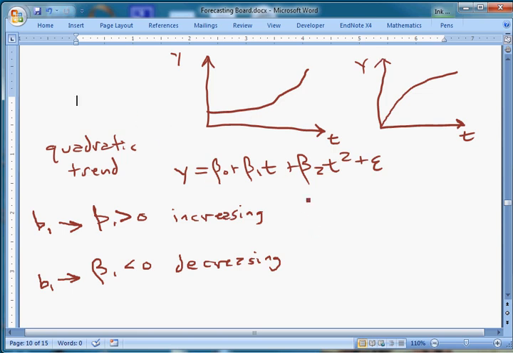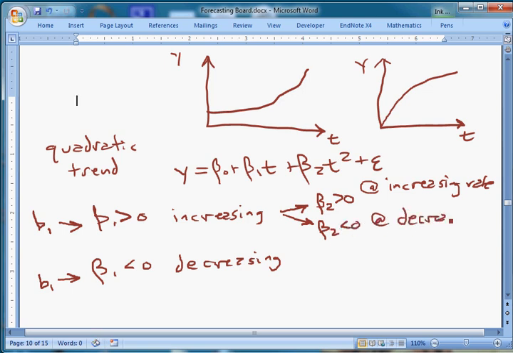What about beta 2 though? Well, if beta 2 is greater than 0, then it's increasing at an increasing rate. Alternatively, if beta 2 is less than 0, well, it's increasing at a decreasing rate. And down here, ditto. If beta 2 is greater than 0, that means it's kind of pulling out of this dive, right?